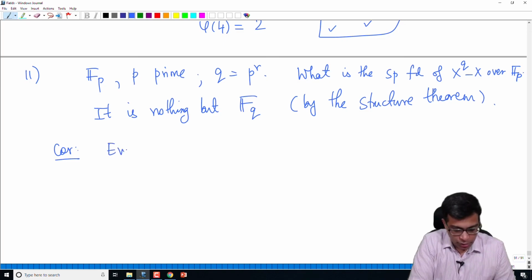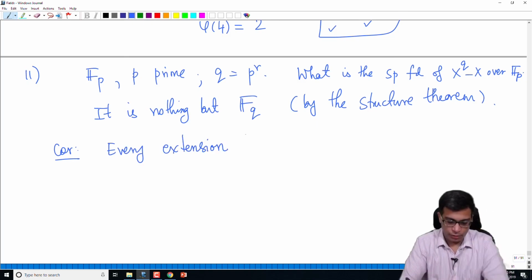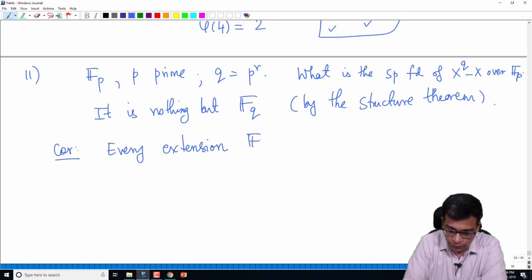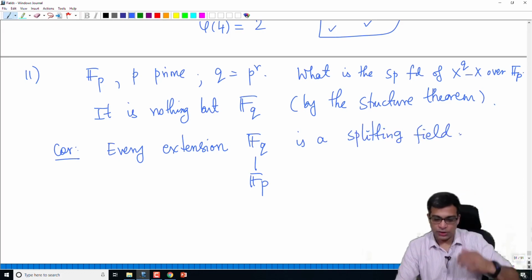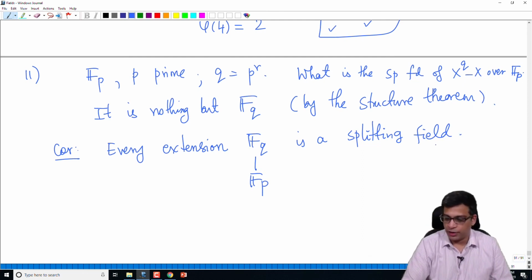That means every extension Fq over Fp is a splitting field. That's a nice statement, right? Because this argument shows that every such Fq is a splitting field.